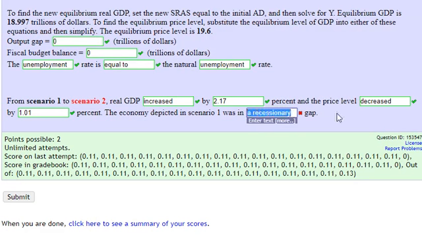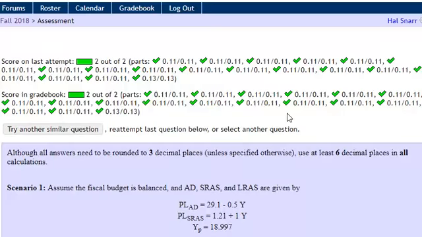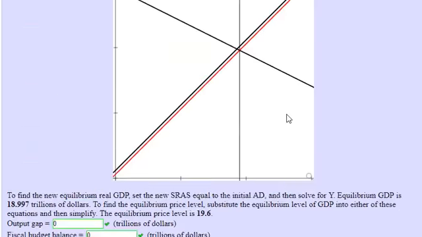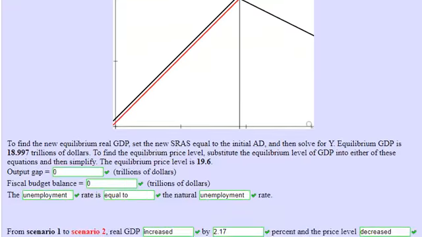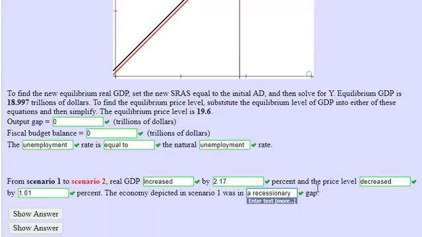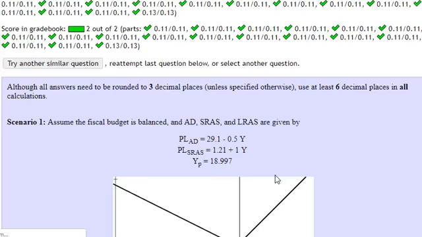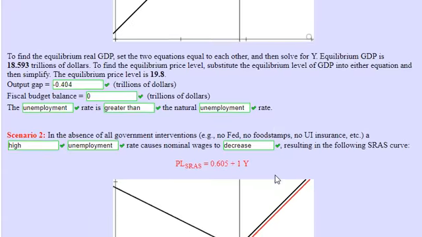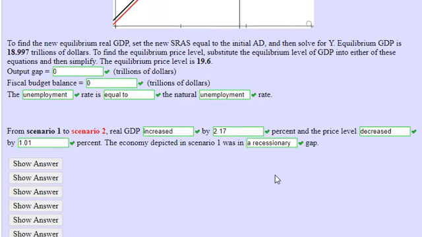So let's try that. And we got all the answers correct, so we're good to go. Okay? Sorry. A recessionary gap. And then if we hit enter, we get it right. Cool. All right. Thank you.